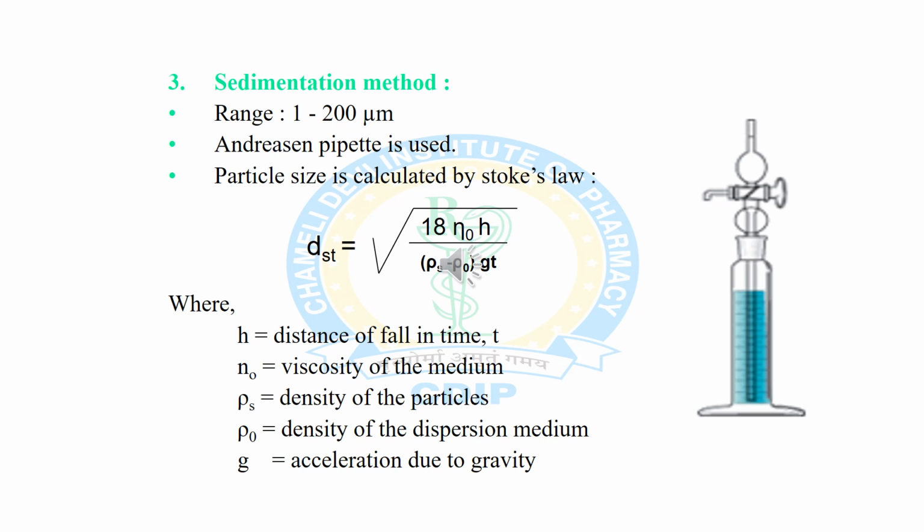Particle size is calculated by Stokes law, that is, diameter of the particle is equal to the square root of 18 eta h upon (rho s minus rho 0) g t, where h stands for the distance of fall in time t, eta 0 is the viscosity of the medium, rho s is the density of the particle, rho 0 is the density of the dispersion medium, and g is acceleration due to gravity.